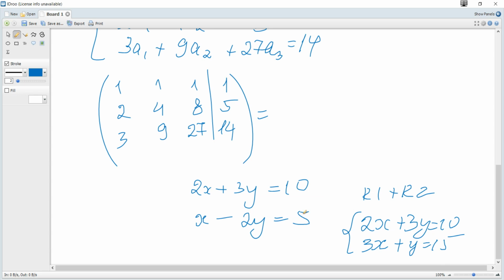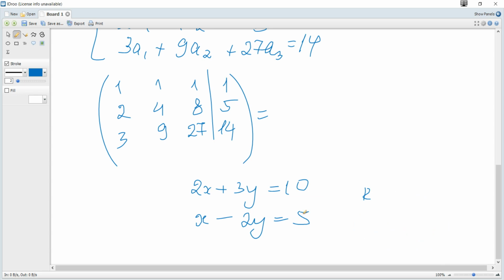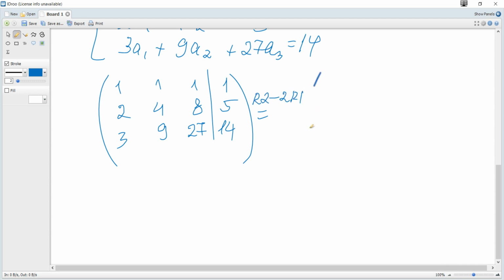We check, yes, it's correct. So the method is the next. We do 0 here, and we can see that we can consider row 2 minus 2 times row 1, so the first row remains the same, the second row becomes 0, 2, 6, 3.